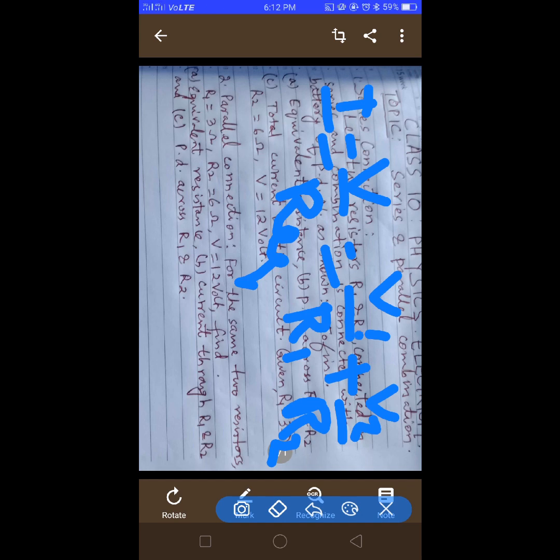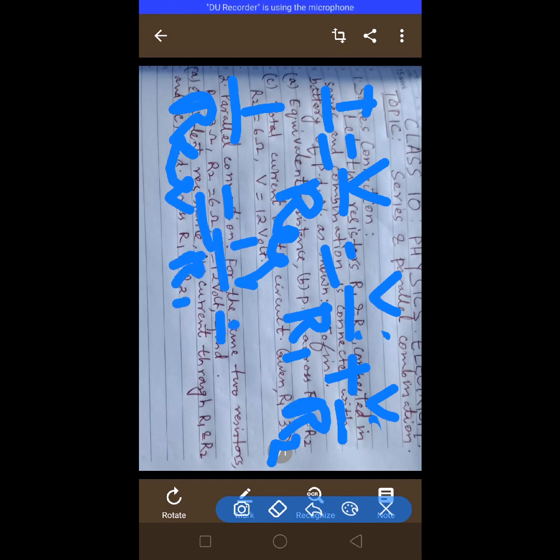Now V1 and V2 both are same, so you will mention here V upon R1 plus V upon R2. So we get I is equal to V upon R equivalent, so 1 upon R equivalent is equal to 1 upon R1 plus 1 upon R2.